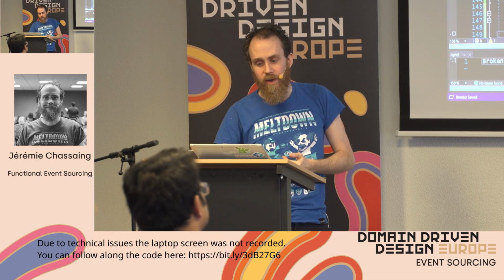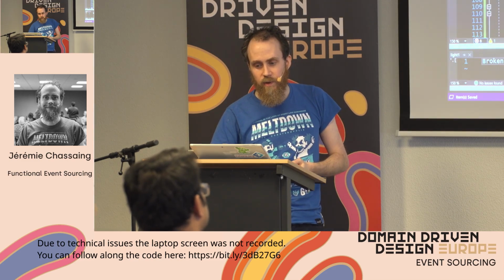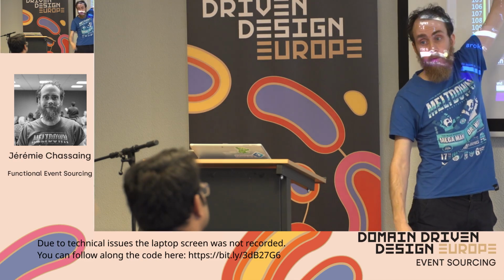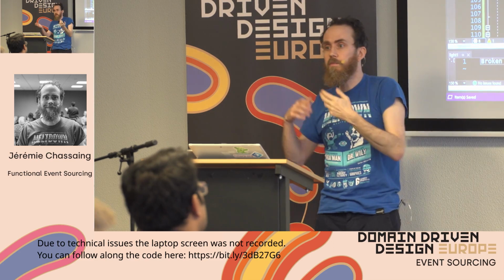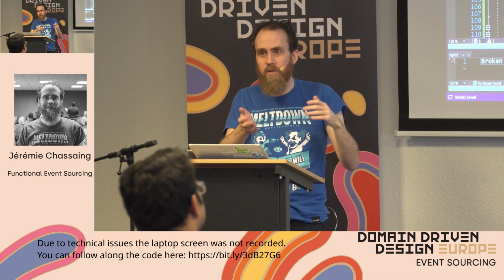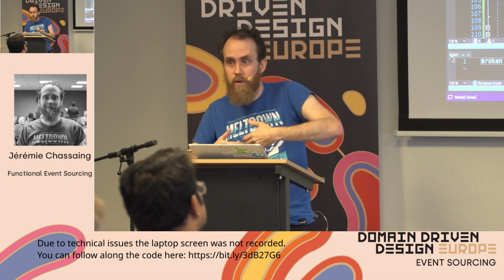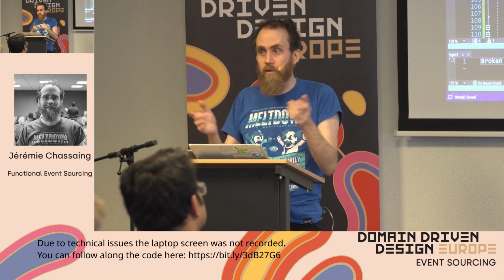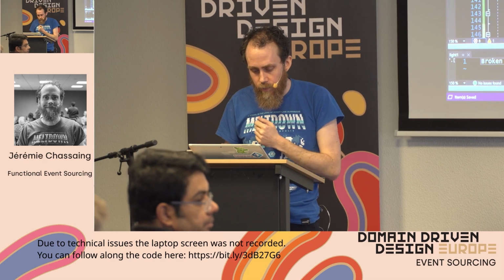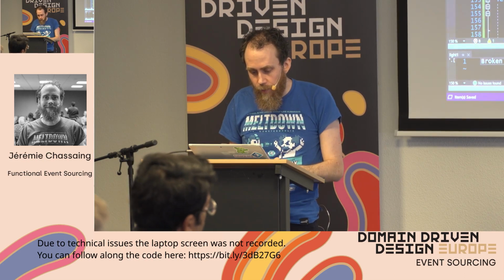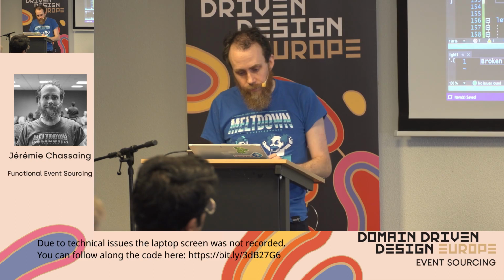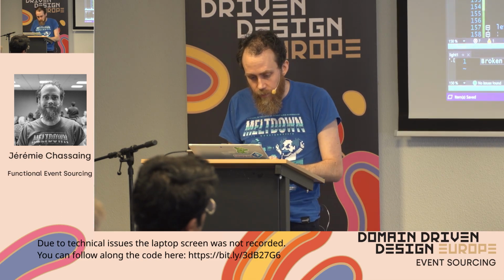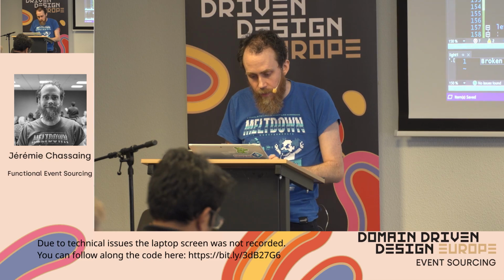I use a list as a return for my deserialization because this way I can either return no event when I don't know what the event is, or I can return one when I have one. But sometimes, if you want to split an event in two because your design was not good, you can return a list with two events, and you will output two events from your deserialization while you had only one in the source store. And that's all. If the file doesn't exist, I just return an empty list. I have to convert my sequence to a list, so Seq.toList to be consistent.